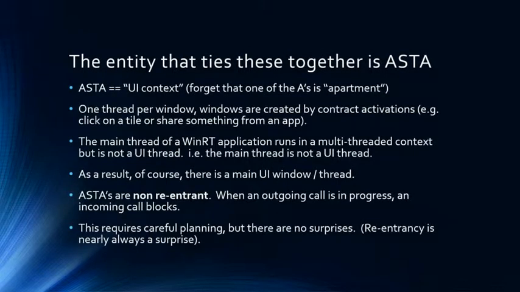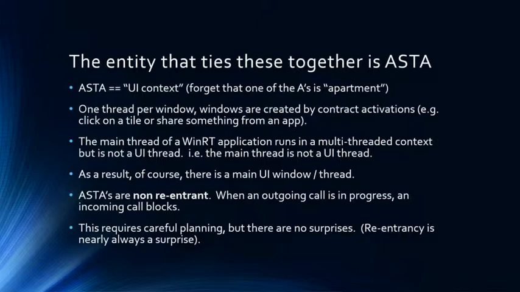The entity that ties these together is ASTA. And you'll forgive us, one of those A's actually does mean apartment, but don't worry about it, just call it ASTA. It's the UI context in WinRT. So once you get one of these contract activations, and one of those is click a tile and you get a full screen app up, that's a thing. You'll get a window, you'll get a thread, and you'll get a dispatcher associated with that thread. So this is the main UI thread. It turns out that the main thread of a WinRT app is actually another thread, which we call MTA.